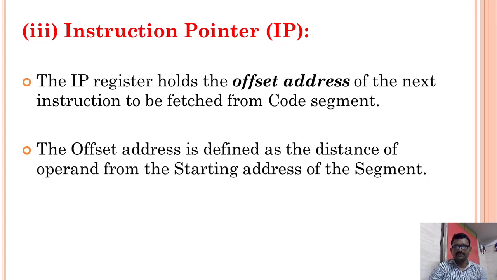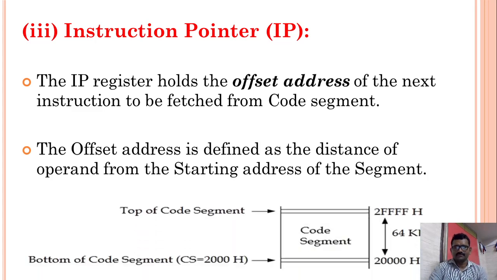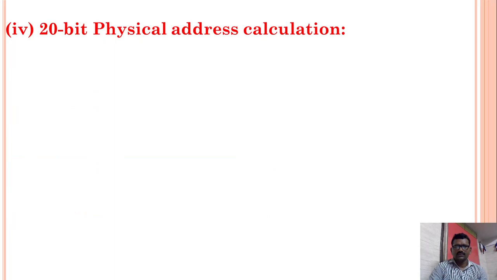And what is the offset address? Actually, the segment size is 64 kilobytes. In that 64 kilobytes, the offset address will define a particular address location from the starting address. Next, 20-bit physical address calculation.